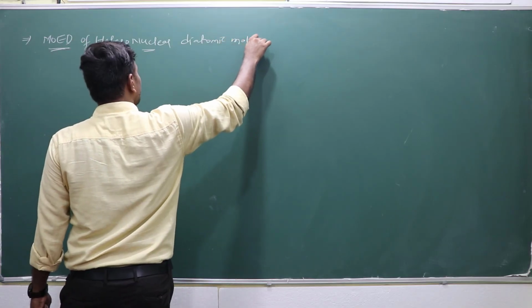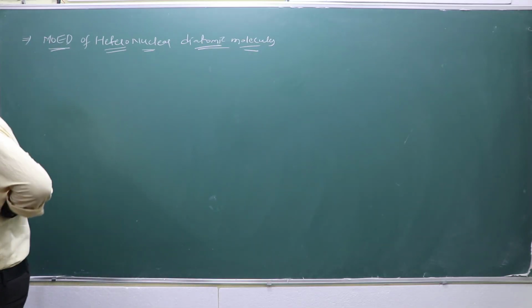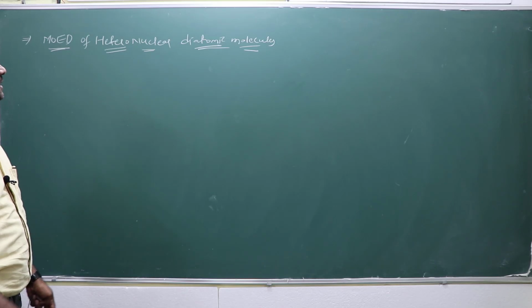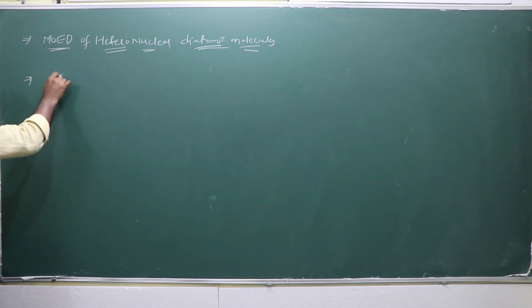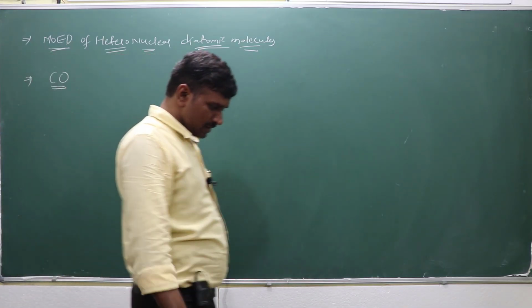MOED is nothing but the molecular orbital energy level diagram of the heteronuclear diatomic molecules. The first example is CO, carbon monoxide.